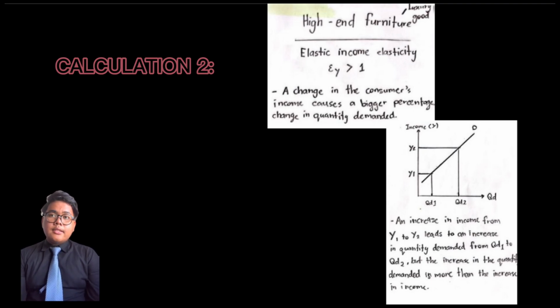So, elastic income elasticity means it is more than 1. A change in the consumer's income causes a bigger percentage change in quantity demanded. The graph shows that an increase in income from Y1 to Y2 leads to an increase in quantity demanded from QD1 to QD2. But the increase in the quantity demanded is more than the increase in income.